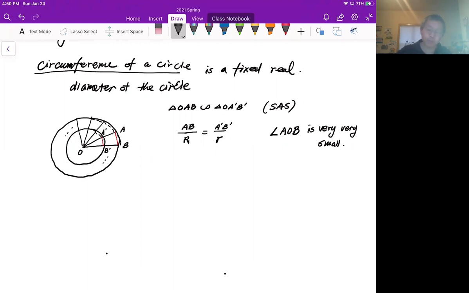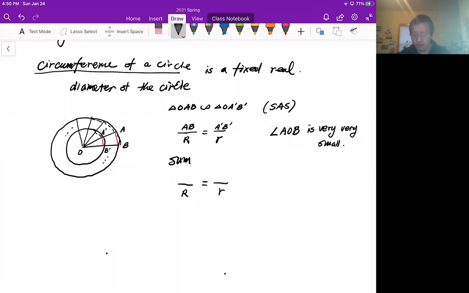So if I add everything together, what happens here? If I take the sum of all of those pairs, the denominators are R and r. What's the numerator? If you add all of these together, that is more or less the circumference. You might say, wait a second, they are not, because AB are straight line segments.